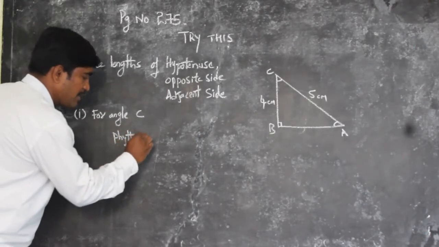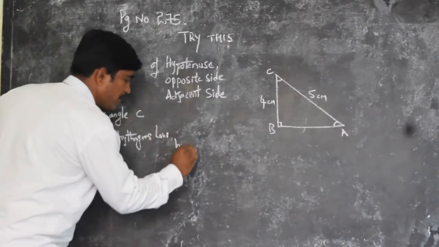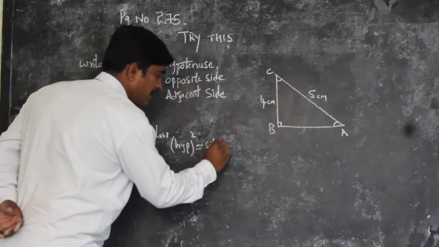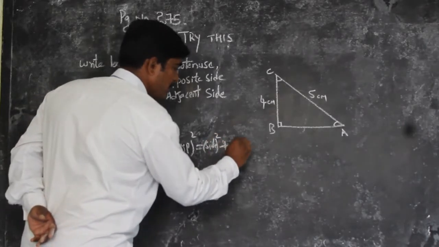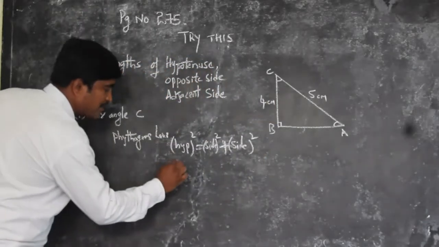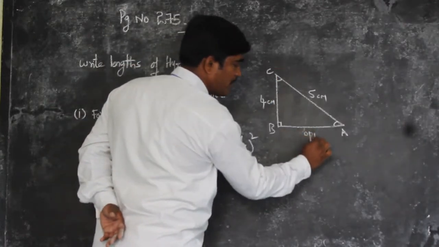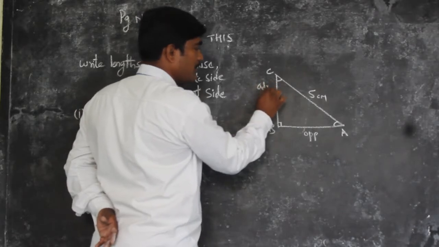What is the Pythagoras law? It is nothing but hypotenuse square is equal to side square plus side square. Now, what is the hypotenuse? For this C, this will be the opposite and this will be the adjacent.